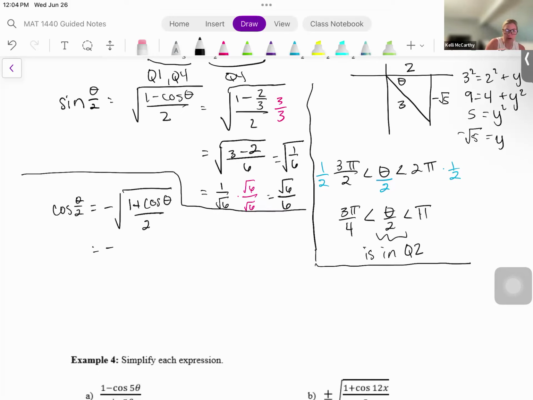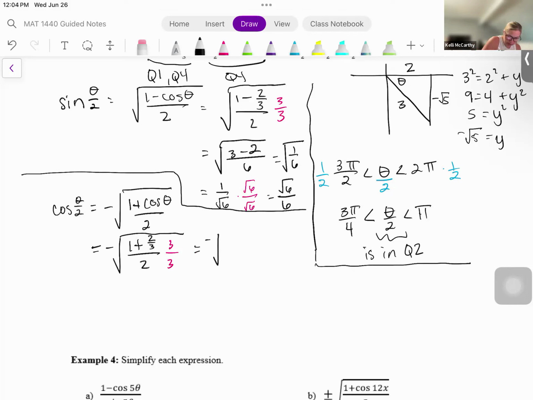My work's getting a little crowded. Sorry for my added division lines, or lines to divide out the work. 1 plus cosine of theta is 2/3 over 2. We're going to use that same special one of 3 over 3 to clear out that complex fraction in the radical.